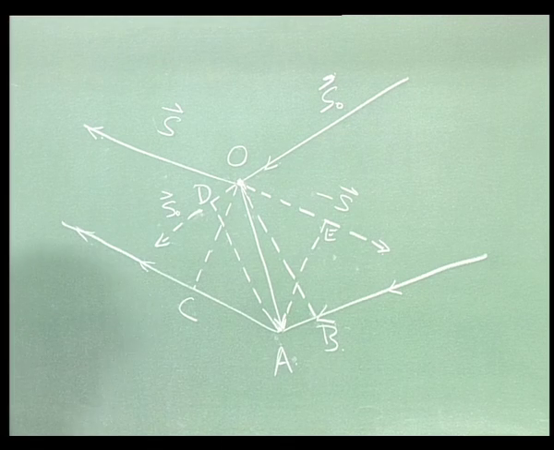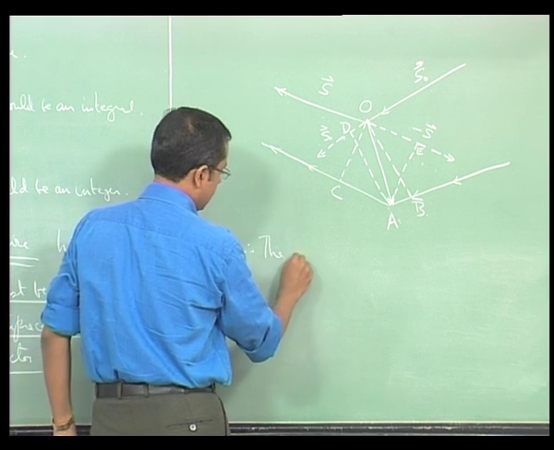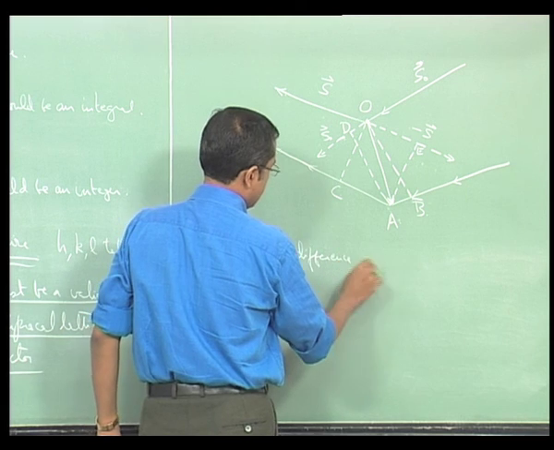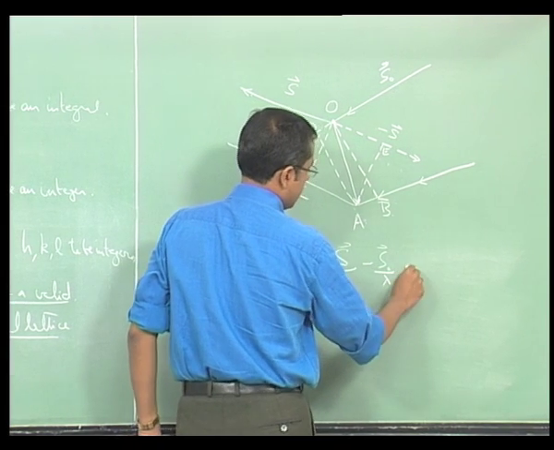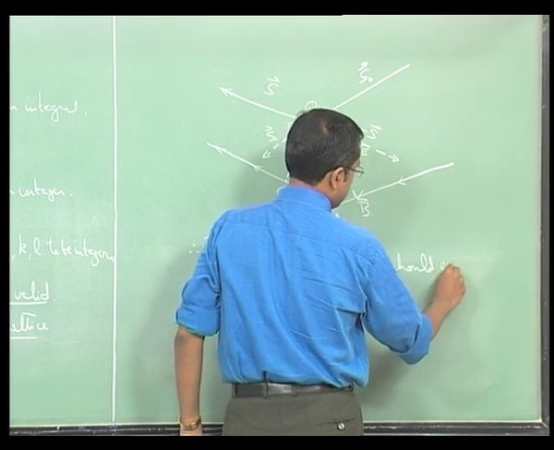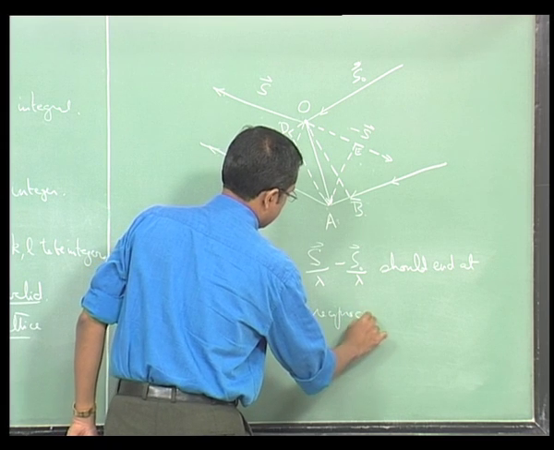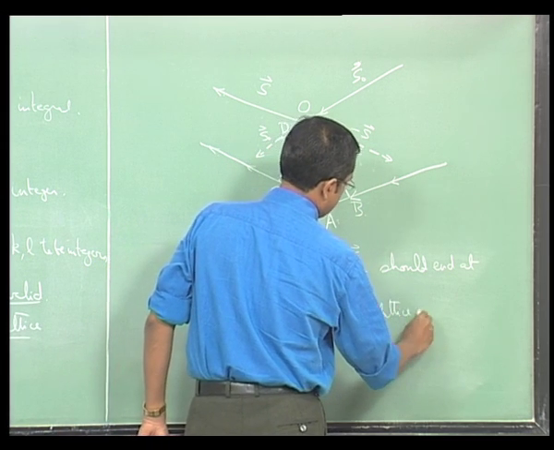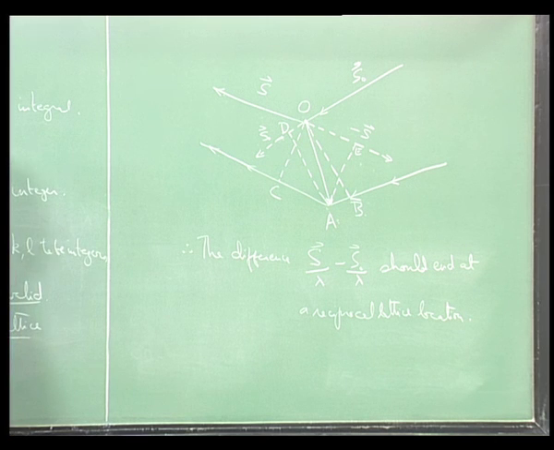If you look at these quantities, we need this difference to end up at a reciprocal lattice location. So they should arrive at a reciprocal lattice location for constructive interference to occur.